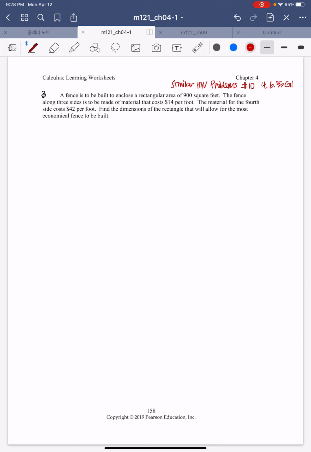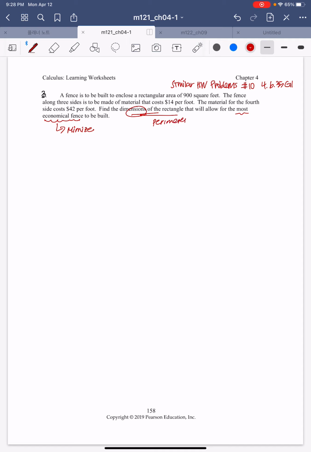Now, there are a couple things that we want to pay attention to. They want to know most economical. That means minimize the function. What are we minimizing? The dimension of the rectangle, not the area dimension. That means perimeter.